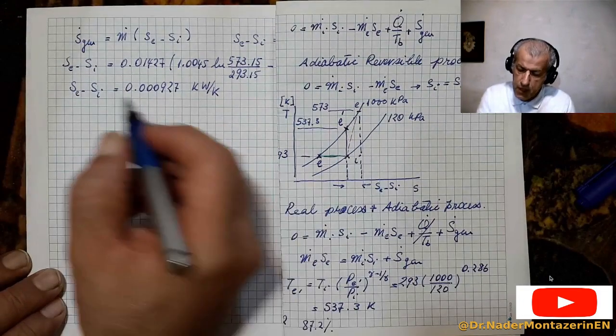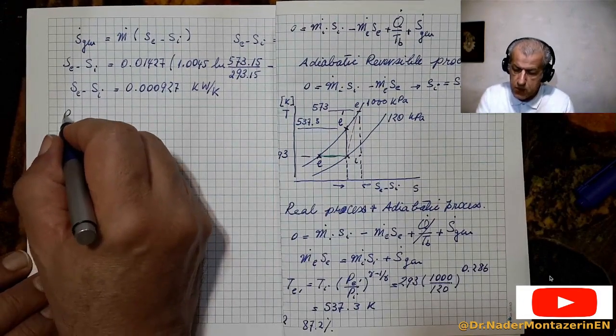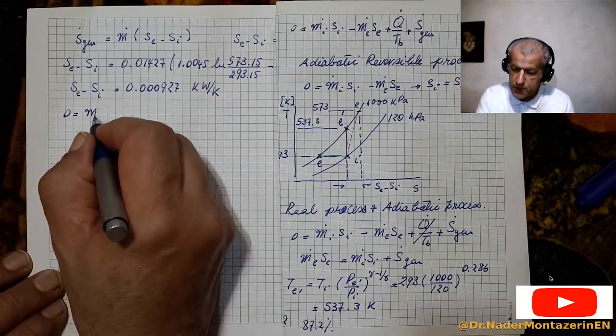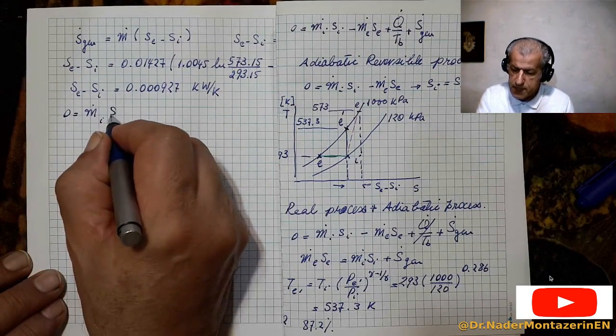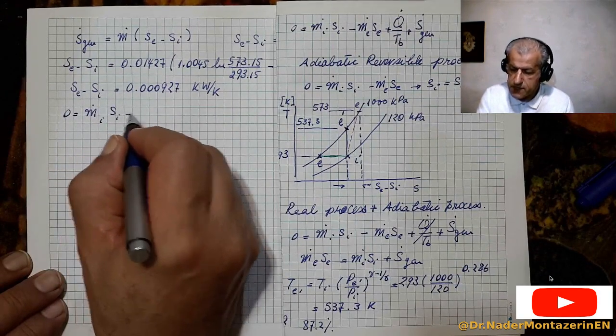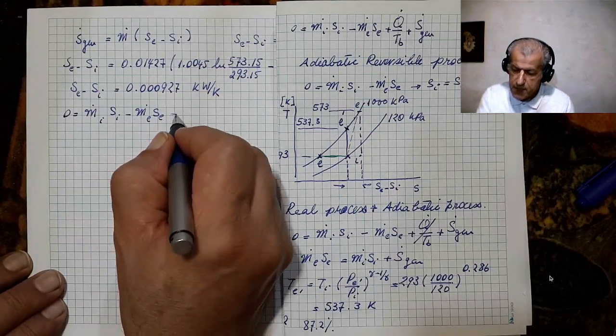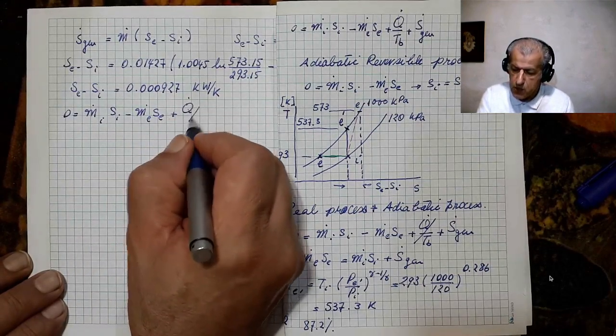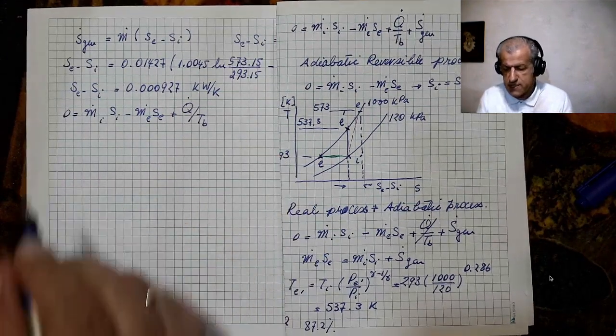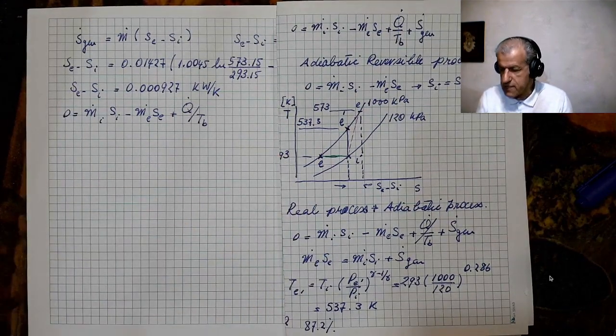So it is 0 equals m dot i si minus m dot e se plus Q dot over Tb. This is the value that we have.